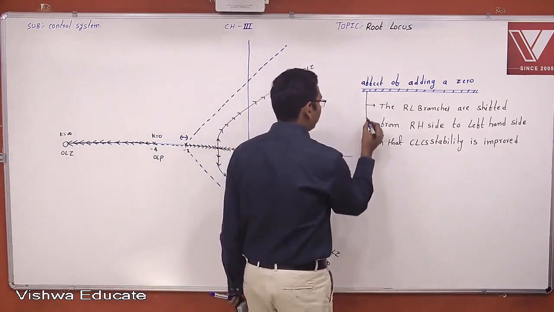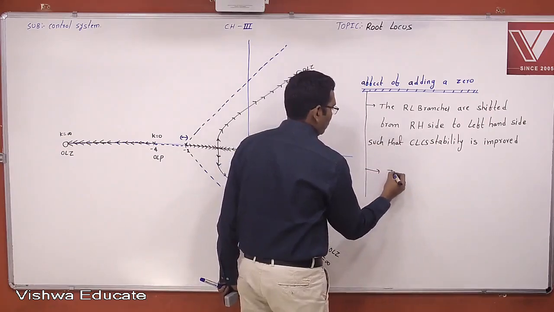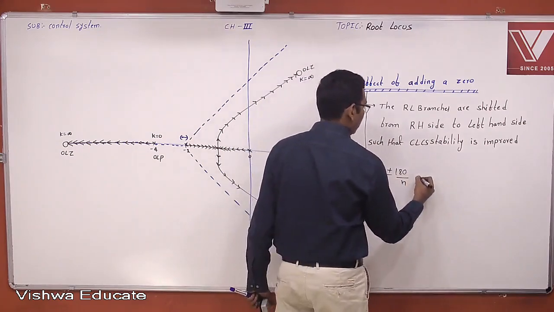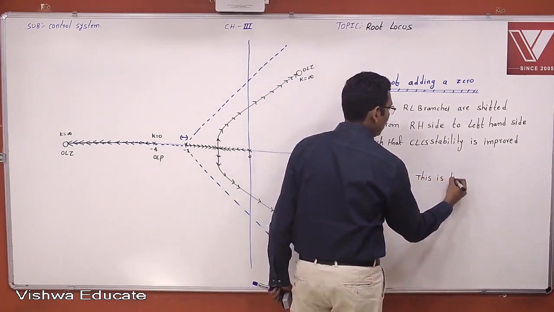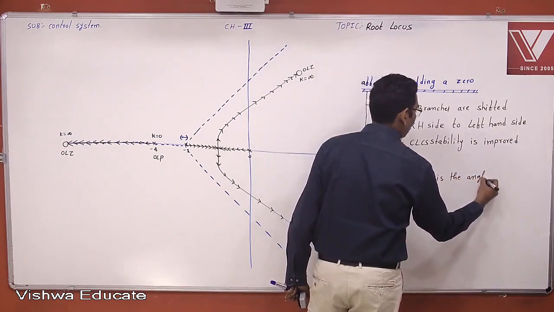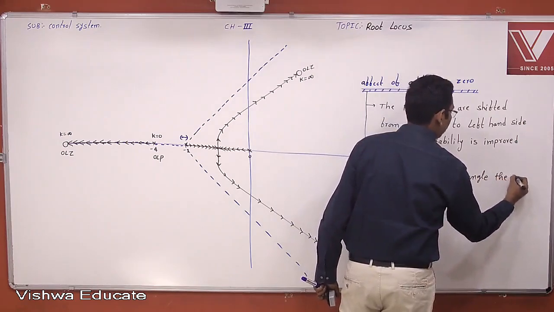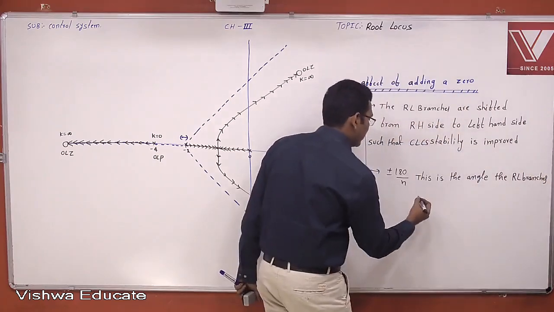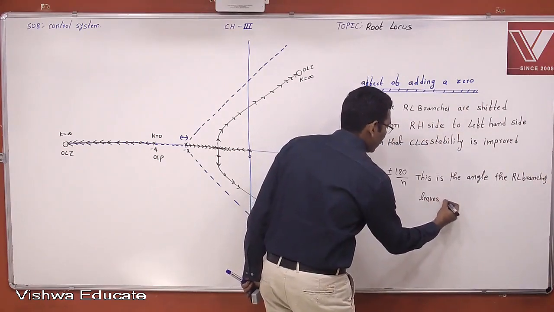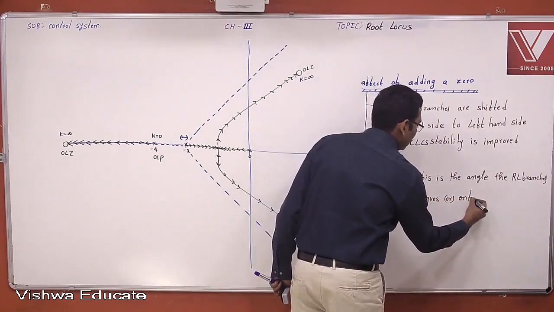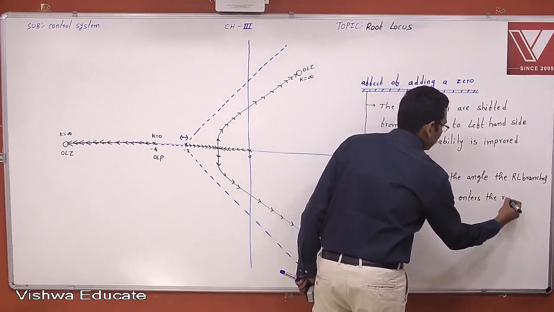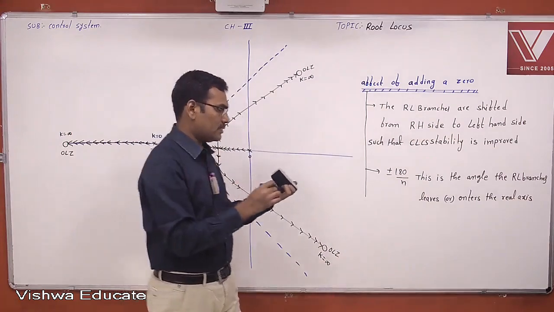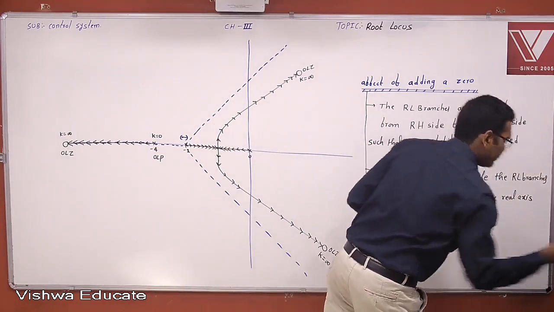And one more point, plus or minus 180 degrees by n. This is the angle at which the root locus branches leave the real axis or enter the real axis.